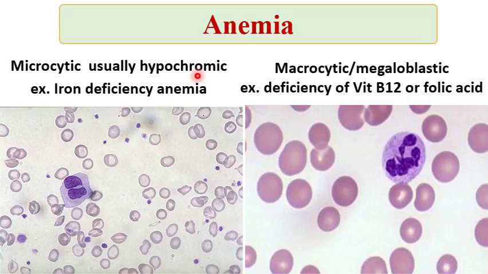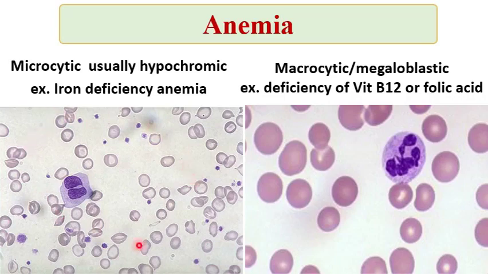So in case of microcytic RBCs and hypochromic RBCs, the type of anemia is called microcytic hypochromic anemia, which happens in iron deficiency anemia, as iron is an important substance in the pathway of the formation of hemoglobin. So in case of iron deficiency anemia, under the microscope with Leishman stained blood film, it will appear as microcytic hypochromic anemia.